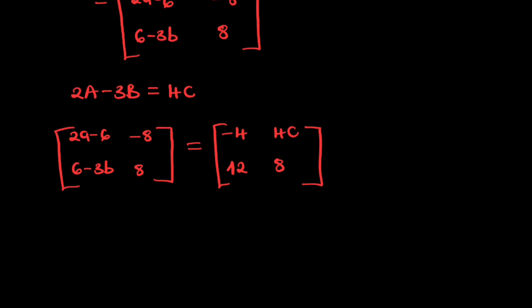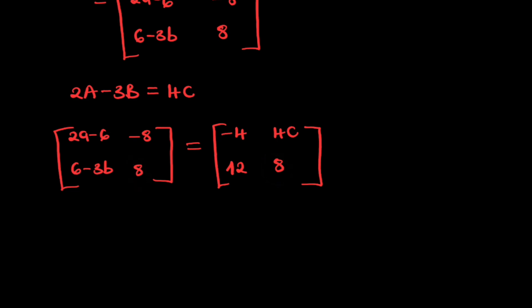So this brings us to equality of matrices. Now the matrices are equal, so each element which has the same position in each matrix is equal. So this is equal to this, this is equal to this, this is equal to this, and 8 is equal to 8.